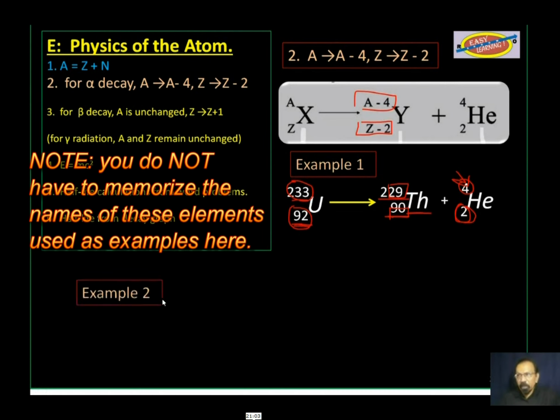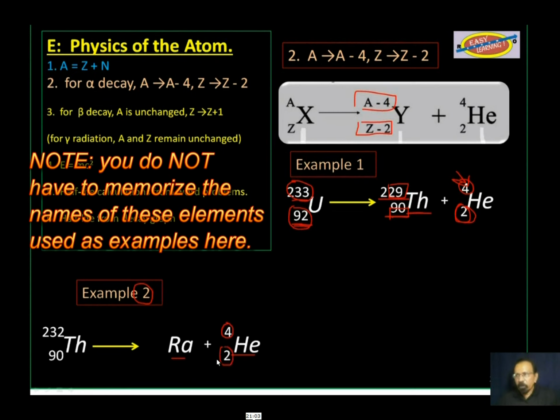Let's take another example, example 2. We take thorium. This is not that same thorium up there. That one is 229. This one is 232. And we get radium with helium. Remember, this is alpha decay, which is always helium, which is 4, 2.